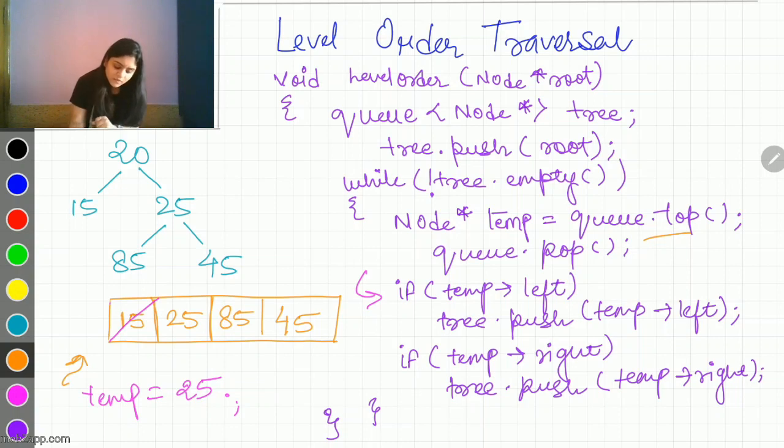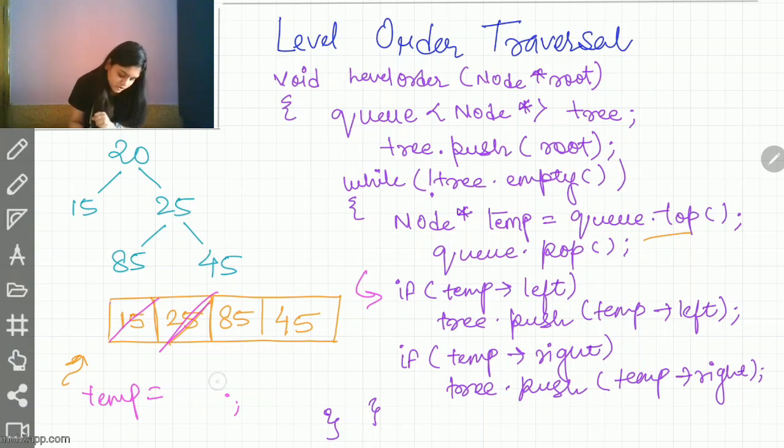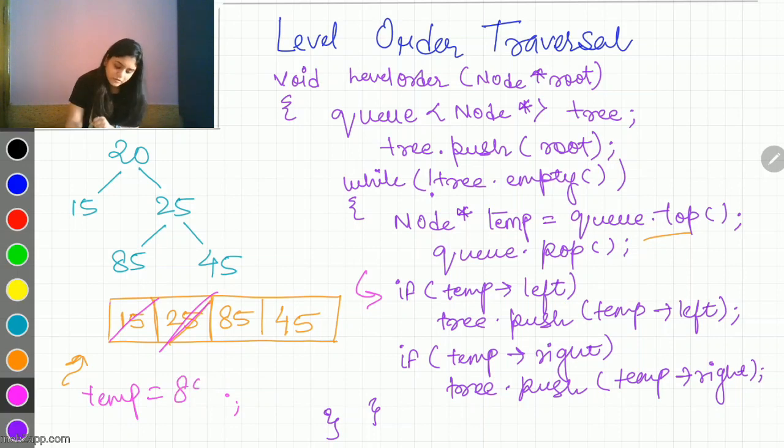Now the next time, this one is also popped out of the queue, and then 85 is the value of temp. When the next iteration starts, it is 85. Then 85 will also be popped and we will push the left and right, but since it has nothing, no left, no right, nothing will be pushed on the queue.